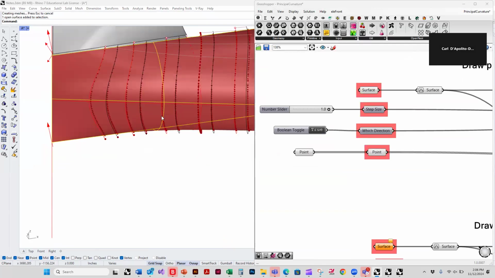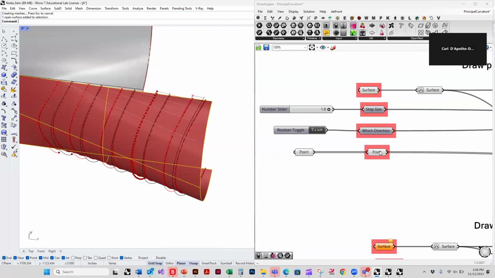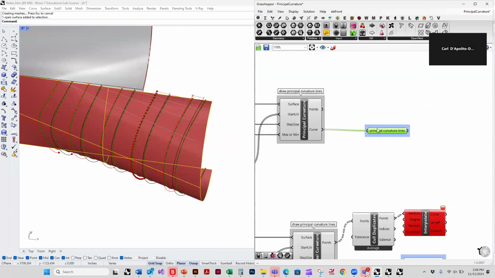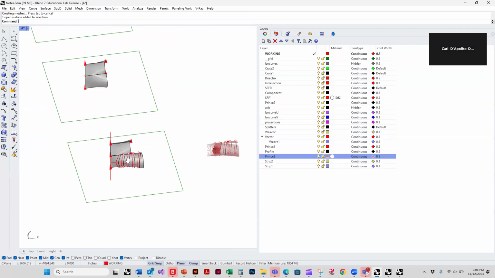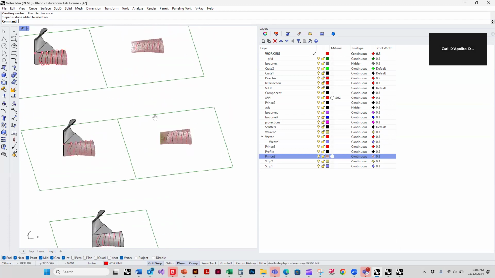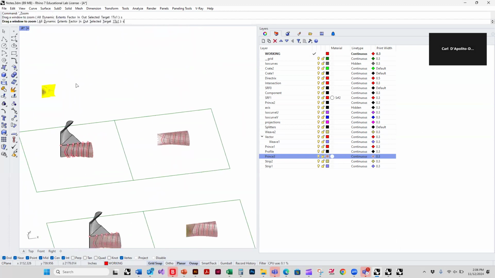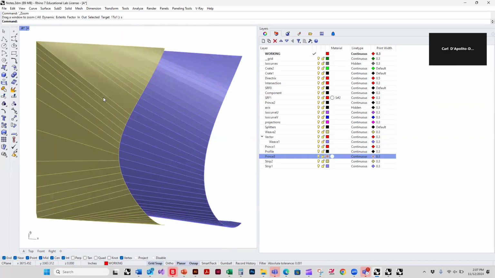And then it will find the closest lines on that surface to those original points. I will bake those. I'll find the other direction and I'll do the whole thing again. And that will give me strips like this that are on a series of surfaces that are offset.